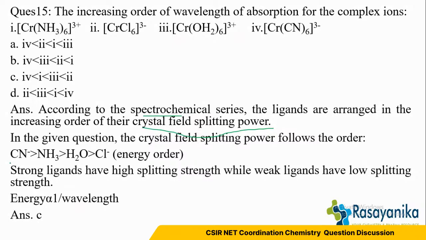CN minus is a pi acceptor ligand, and these are sigma donor ligands, and Cl minus is a pi donor as well, because every ligand is a sigma donor at first. Strong ligands have high splitting strength, while weak ligands have low splitting strength. On the basis of that, the splitting between the T2g and Eg has been arranged: CN minus, NH3, H2O, Cl minus.